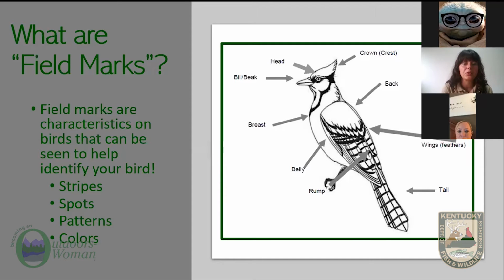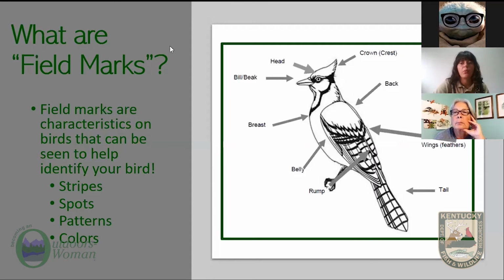It's pretty self-explanatory. The breast is different than the belly. The tail is different than the rump. And then you've got your crown and your crest and your head, those are all separate parts. And as we go, you'll see me talk about these. But I did want to put this in here for your all's purposes. This is being recorded. You guys will get to go back and look at this later. And then I can email this PowerPoint out at the end if that's something you're interested in.